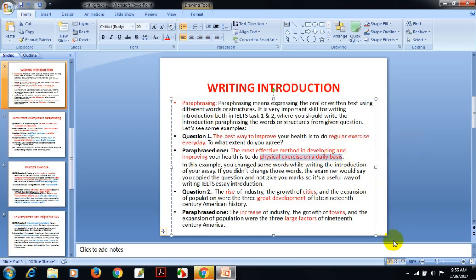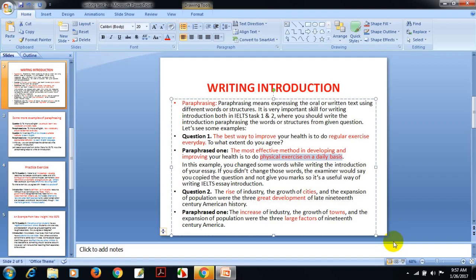Here is regular exercise every day in the question, and we changed it into physical exercise on a daily basis. Regular exercise is changed into physical exercise, and every day is changed into on a daily basis.